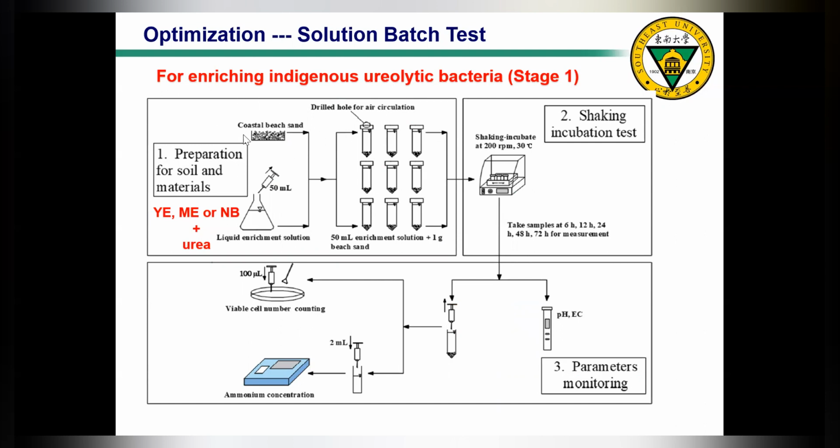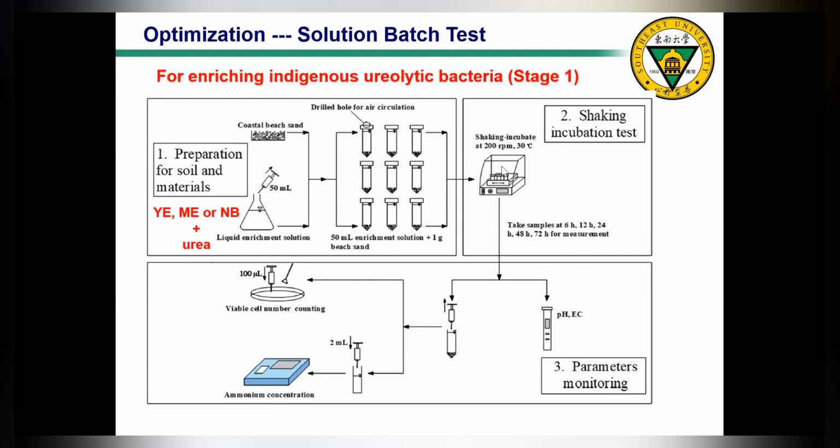For the test, we mixed 1 gram of beach sand with the enrichment solution. Here we have 3 types of enrichment solution: YE is yeast extract, ME is meat extract, and NB is nutrient broth-based ureolytic enrichment solution, because in this solution we also have urea inside.